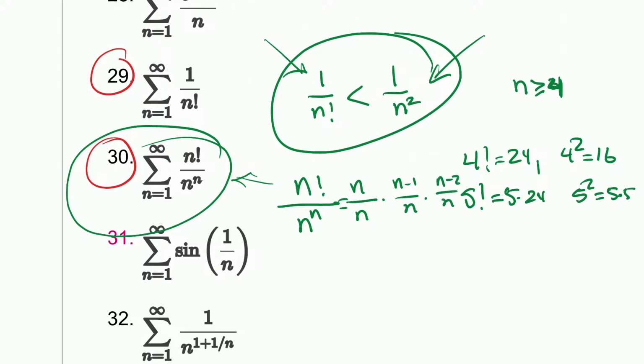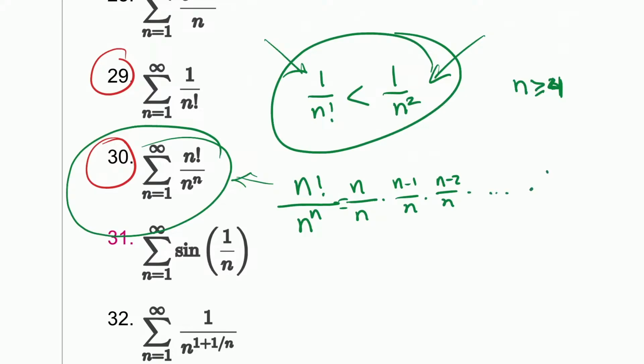Okay, I think that's enough. Let me get rid of all of this. Yeah, now I'm doubting myself. Does this thing converge or not? Oh, I know. Yeah, this will work. Times a bunch of stuff times 2 over n times 1 over n. Okay, there we go. So that's what n factorial over n to the n is.